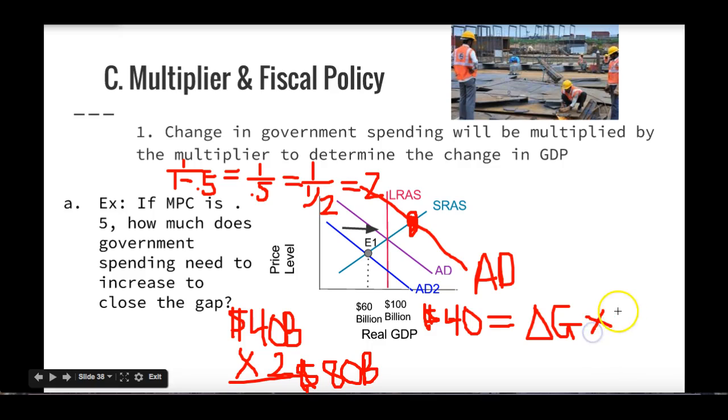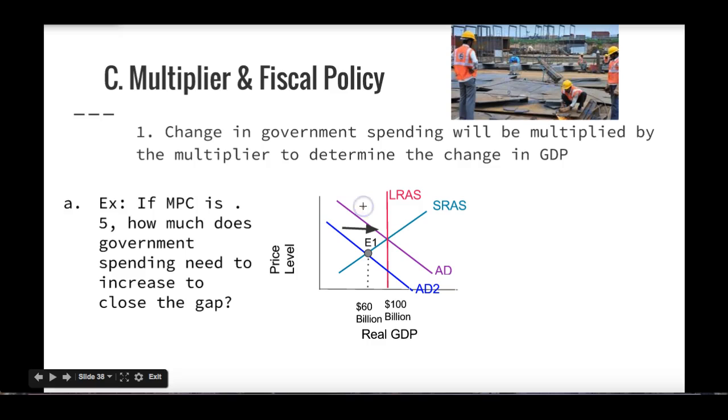So in this case, our multiplier is 2. So as a result, to figure out how much the government spending needs to change by, we need to take our 40 divided by 2. So our actual answer for this is going to be $20 billion.